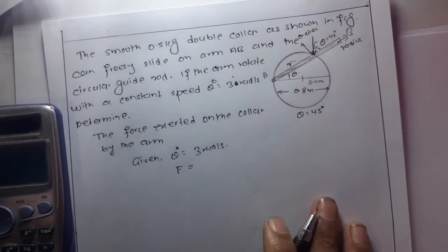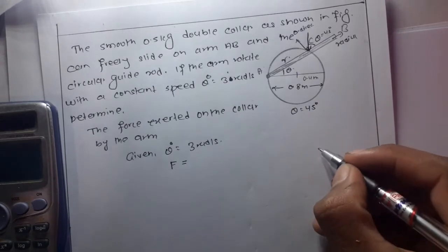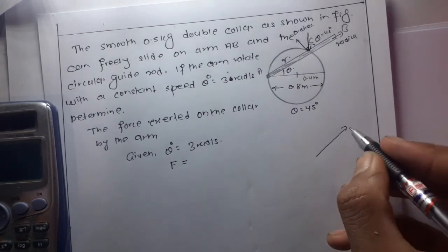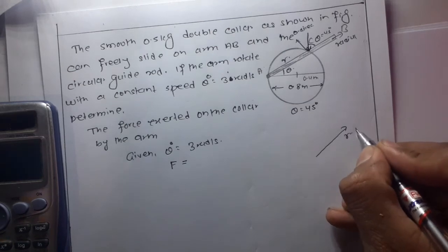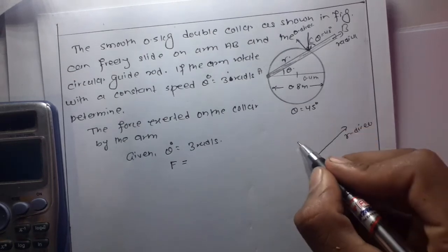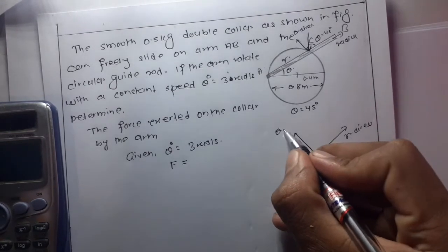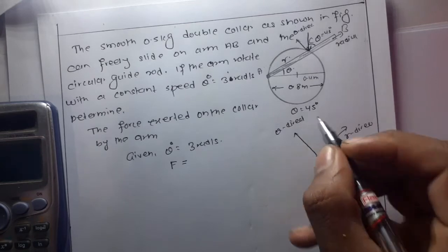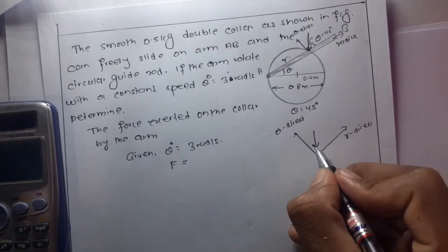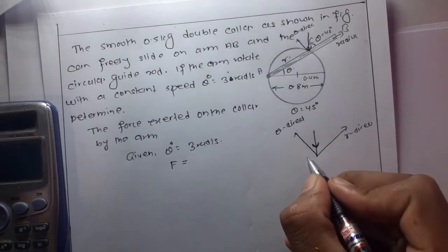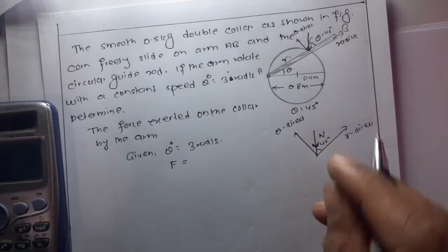Now simply the free body diagram at point C. So this is the radial direction, let's say r direction, and perpendicular to this is the theta direction, and this is the weight directed downward, and this angle is 45 degrees.